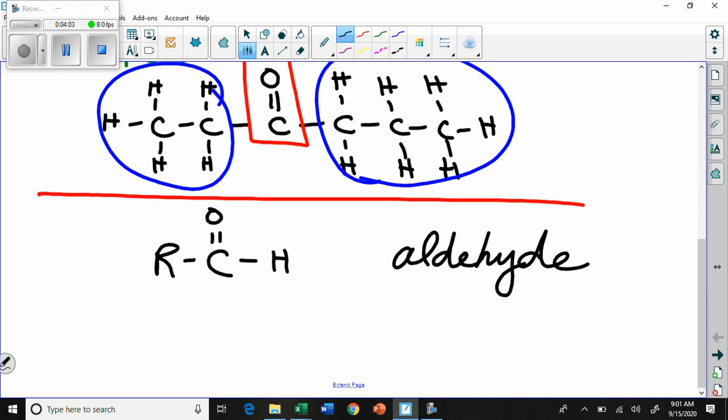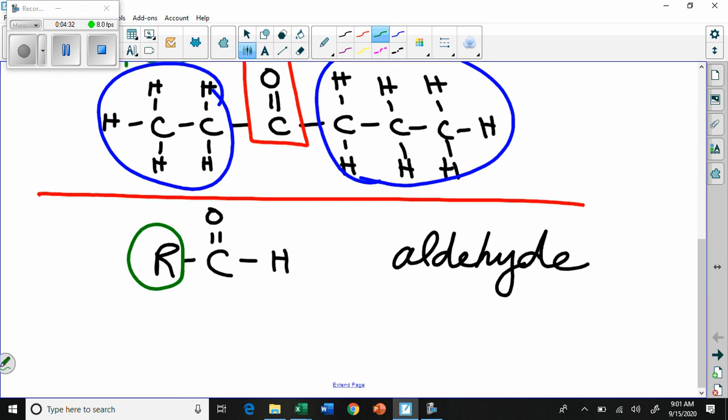The name of the aldehyde would depend on what the R is. You can have ethaldehyde or methaldehyde or propaldehyde, or any of those molecules we talked about that have the ending on them. If you took propane and put a carbonyl on the end, you now have propaldehyde, a weird chemical we don't hear of very often.